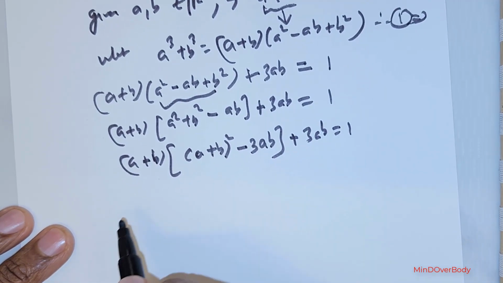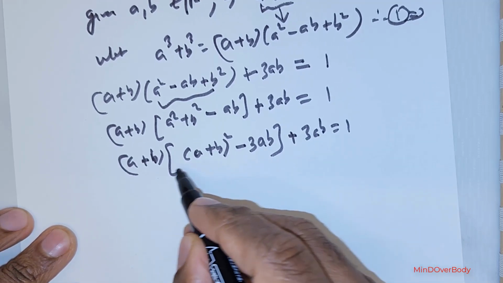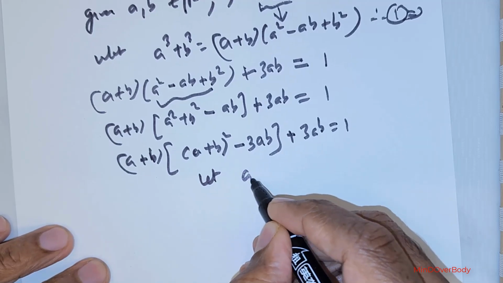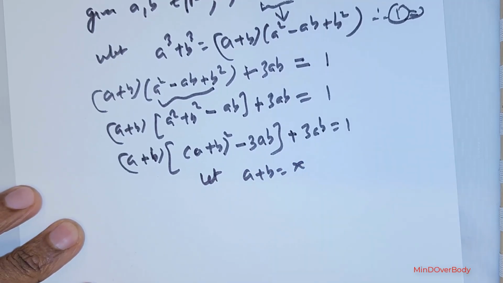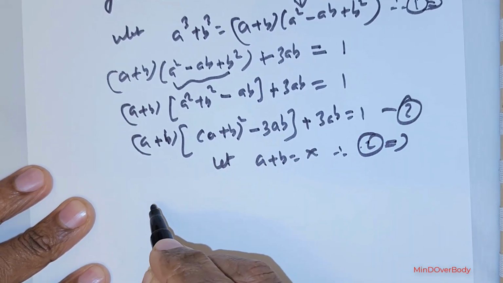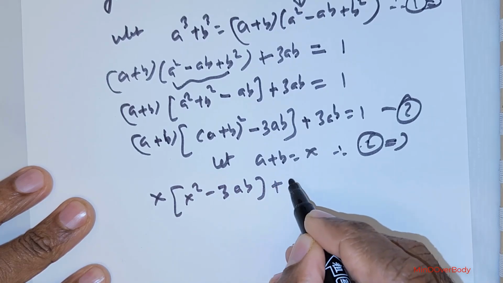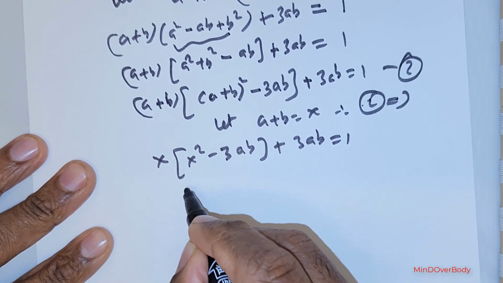Okay, fair enough. Now what I would like to do is assign let a plus b be equal to some x. So therefore this can be rewritten as x times x squared minus 3ab plus 3ab is equal to 1.